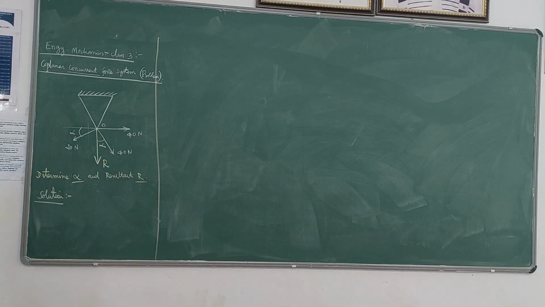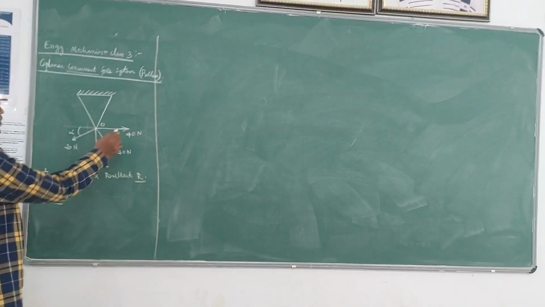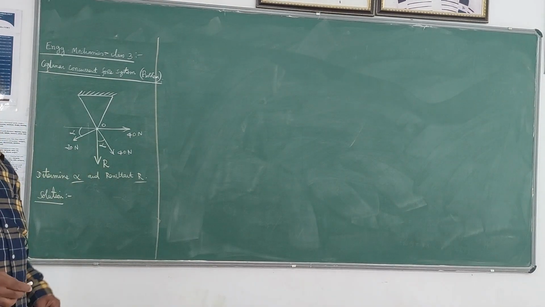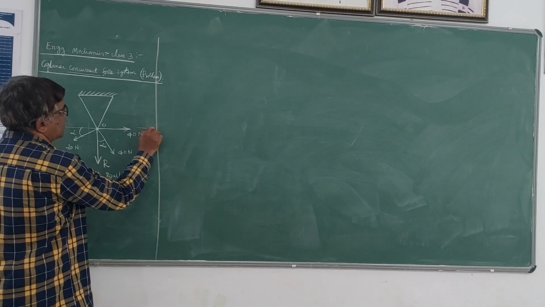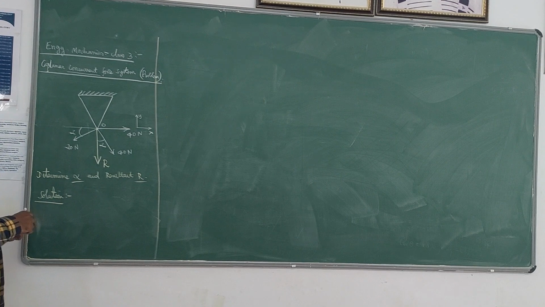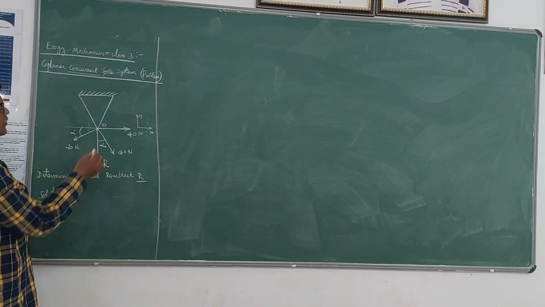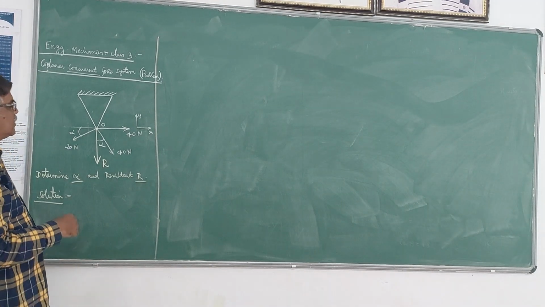So first what you have to do here is resolve the given forces, there are three forces here, into x component and y component. So x component is in this direction, y component will be in this direction. If you resolve the forces, this 40 Newton force doesn't have any y component.